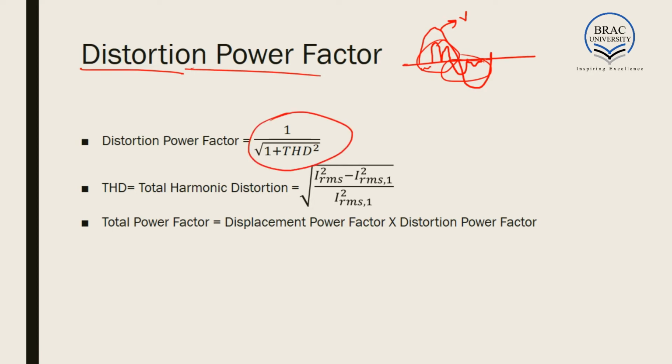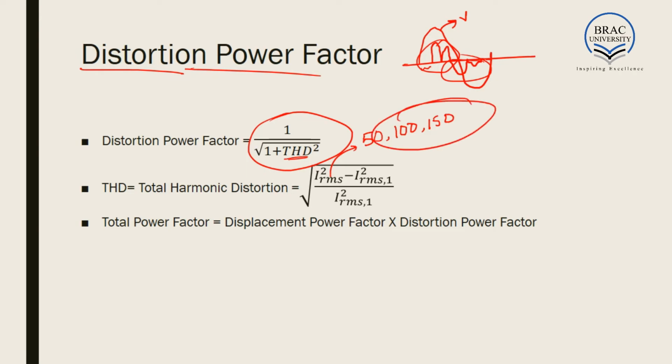The measure of distortion power factor is 1 by root over 1 plus THD whole square. Here THD is the total harmonic distortion. Now, total harmonic distortion is the measure of I square RMS. This is the RMS current of all the components, for example, all the frequency components, which includes the primary frequency, its first harmonic, second harmonic, and so on.